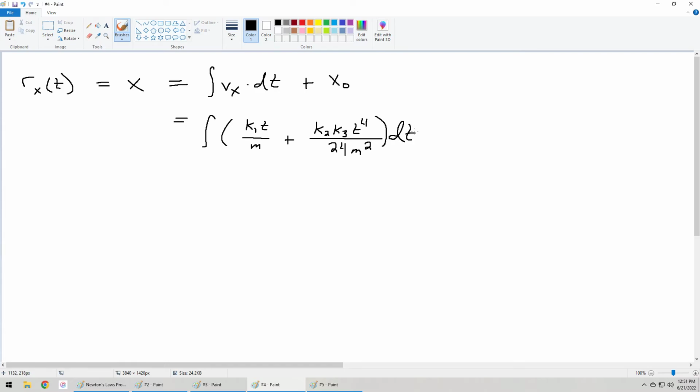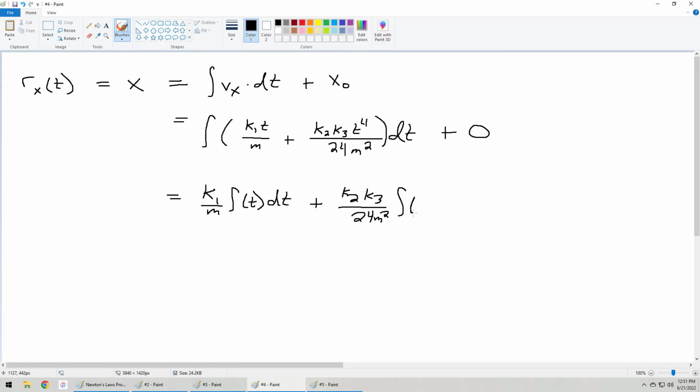With respect to t, there's no initial x position, and again, very straightforward integration, k1 over m. You can chunk up the integral this way, say dt plus k2, k3 over 24m squared. All of this that I'm factoring out are constants.